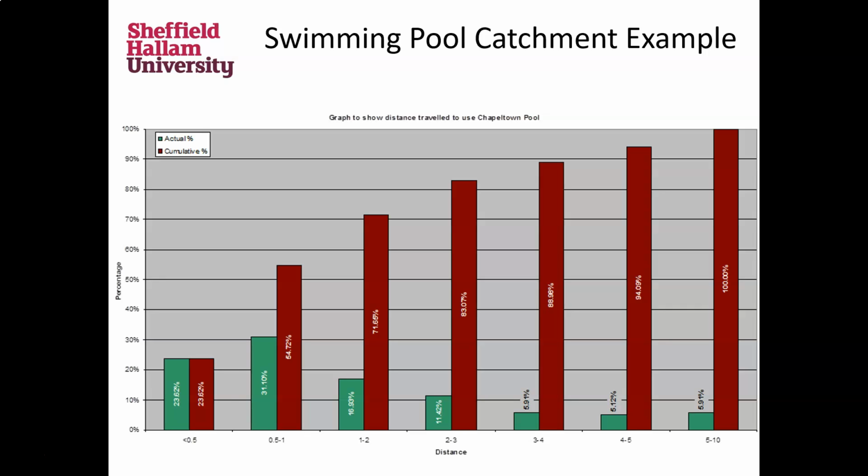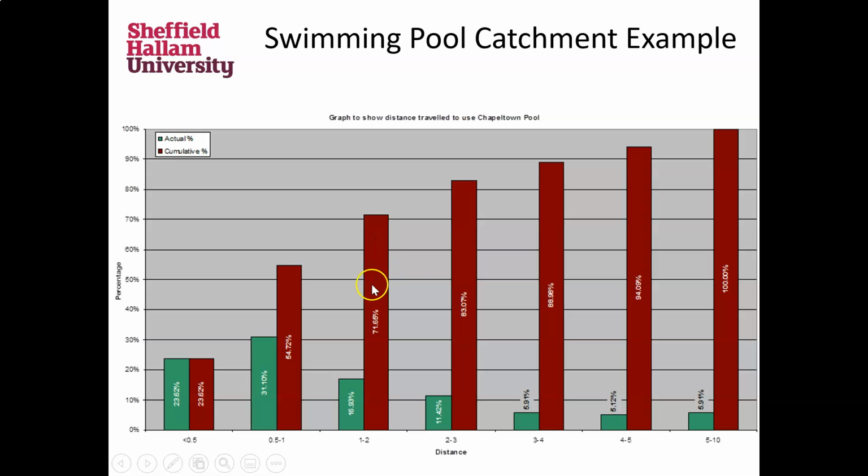Chapeltown swimming pool was closed, and Thorncliffe facility was opened in the north of the city, partially to replace Chapeltown pool. But this was a small local pool. It was a standalone pool, a kind of old 25-yard pool.